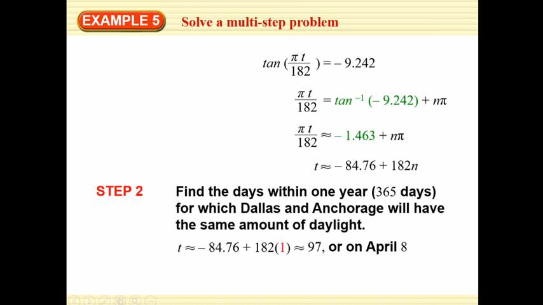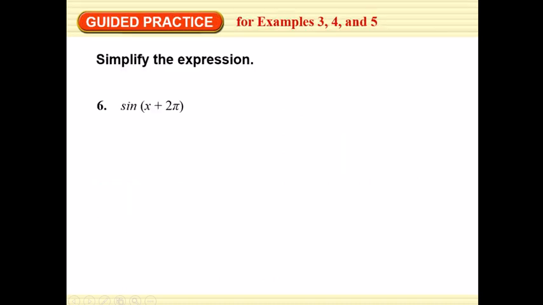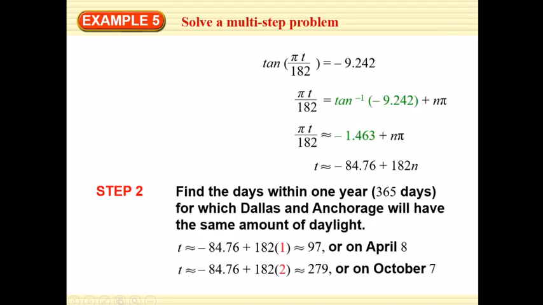Counting your days there, that would end up on April 8th. And if I plug in 2, I get 279, and with an obnoxious amount of counting, I end up on October 7th. If I were to plug in 3, it wouldn't come out to another value within 365. So I can stop there, and these are the 2 solutions.